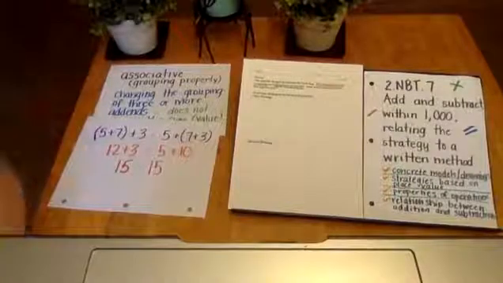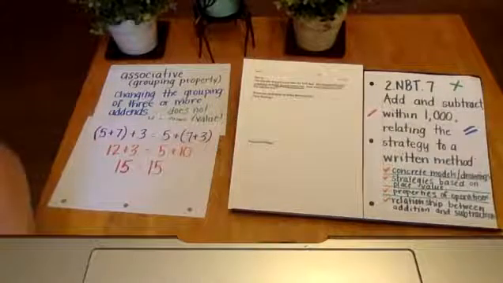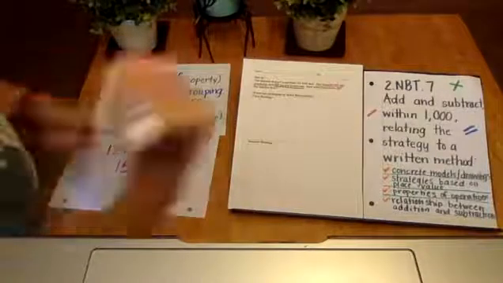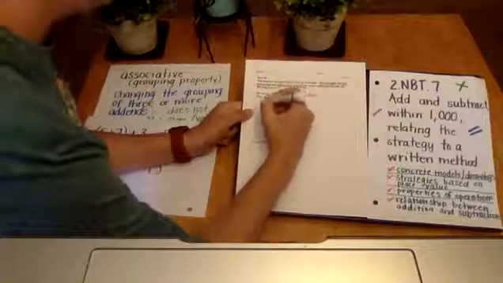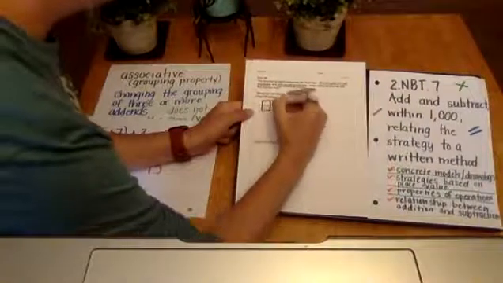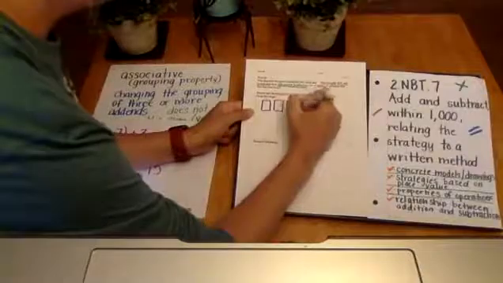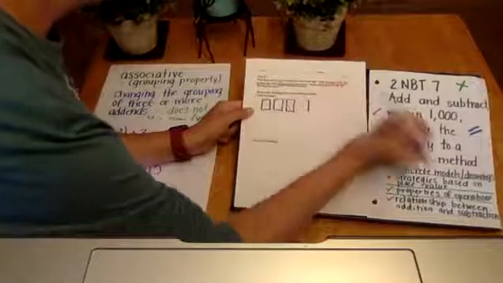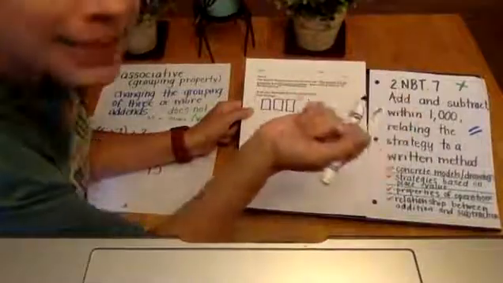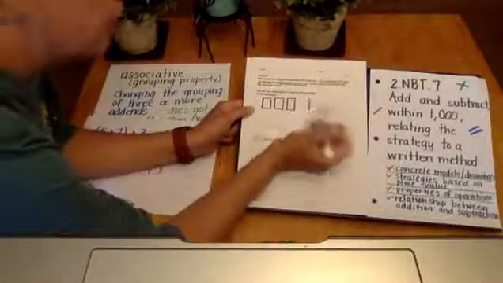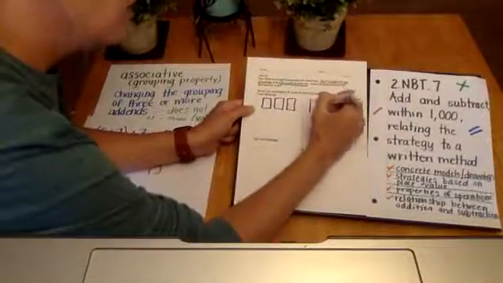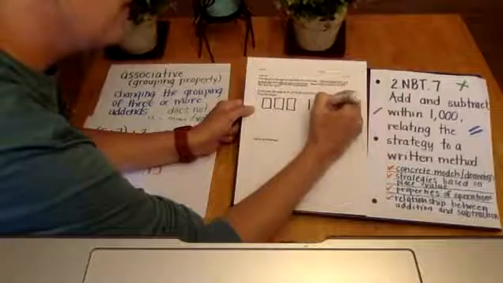So what I did was I said, all right, so she bought 315 red. So here's 100, 200, 300. I'm just going to draw a line for my 10. So 100, 200, 300, 1, 2, 3, 4, 5.